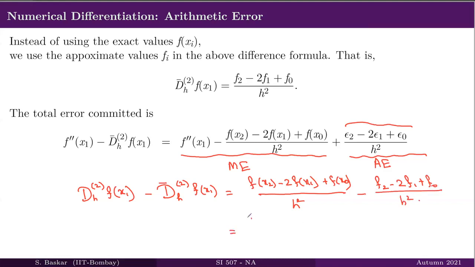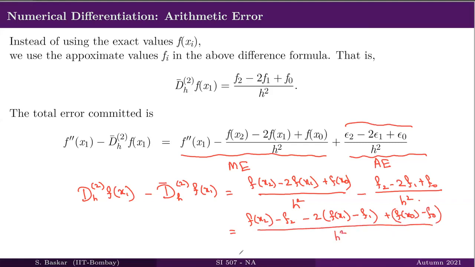Now that can be written as f of x2 minus f2 minus 2 into f of x1 minus f1 plus f of x0 minus f0 divided by h square, and that will give you epsilon 2 minus 2 epsilon 1 plus epsilon 0 divided by h square, and that is what we have written here.